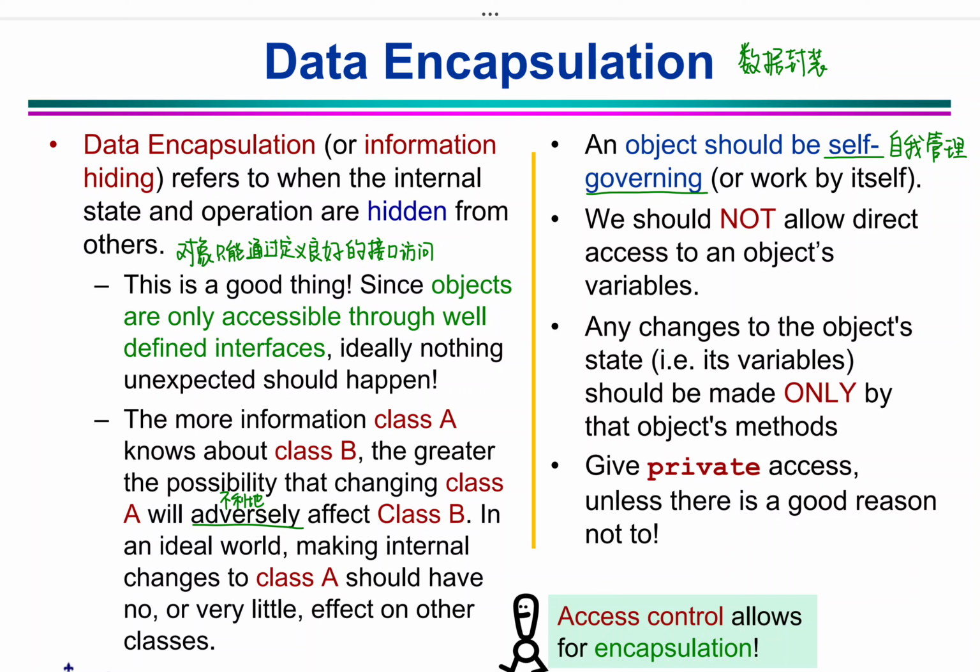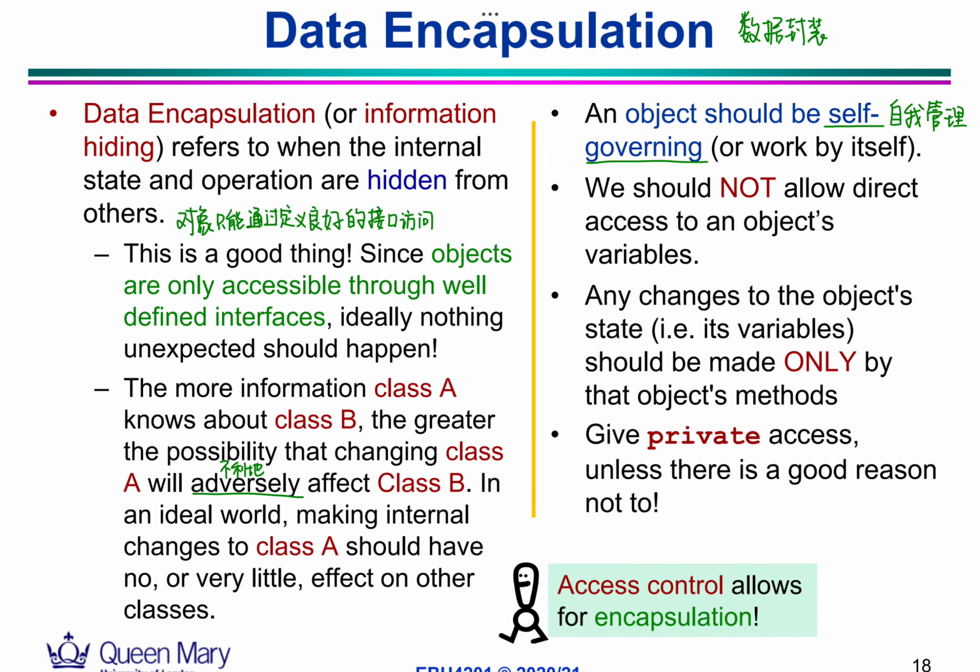Data encapsulation or information hiding refers to when the internal state and operations are hidden from others, and we can get access from the interface. The more information class A knows about B, the greater the chance that a change in A will adversely affect B, so internal changes should have little effect.